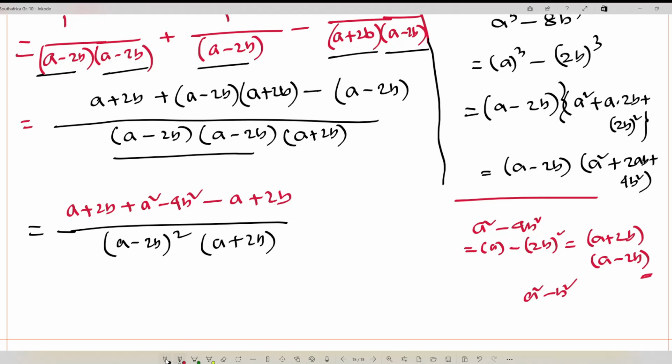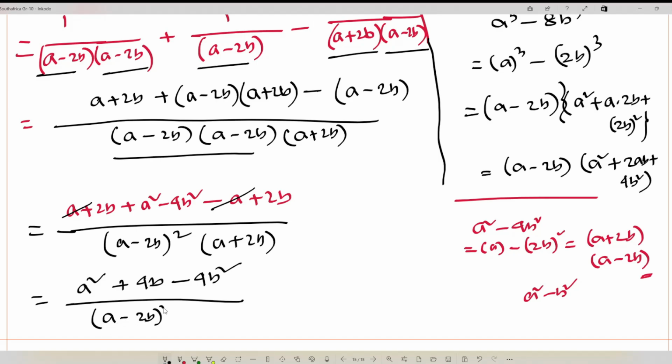So what will be the answer? Answer is a minus a out, then we will keep a square then plus 4b then minus 4b square, so a minus 2b whole square a plus 2b, and this is our answer.